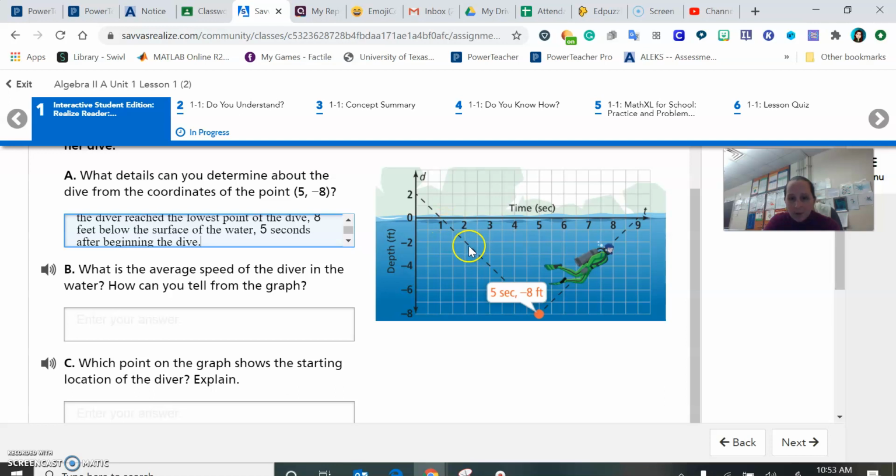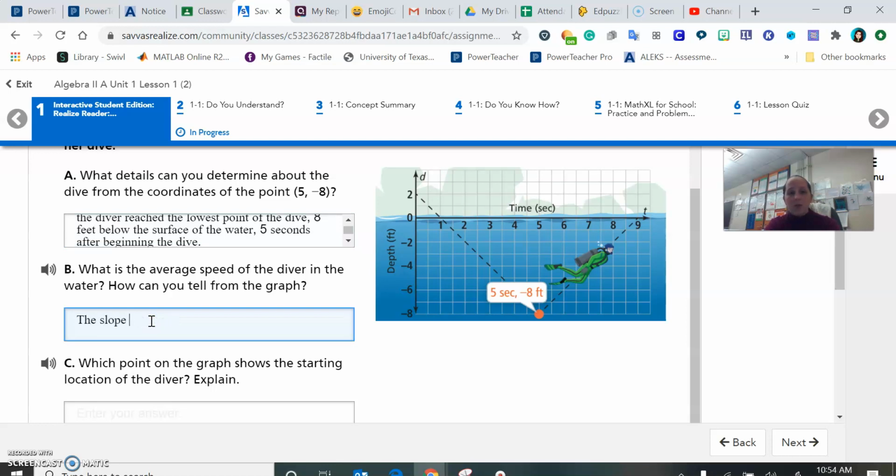At 2 seconds, I was at -2. At 3 seconds, I was at -4. At 4 seconds, I was at -6. So each time I'm going down by 2. So every second, I'm going 2 feet deeper into the water.